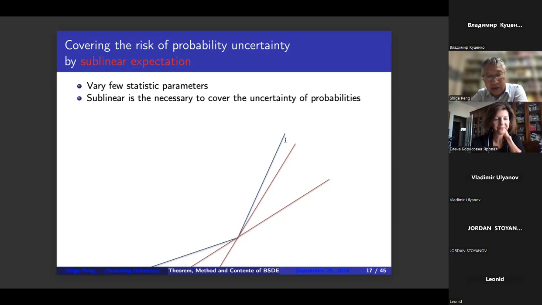But the sublinear one has its advantage.